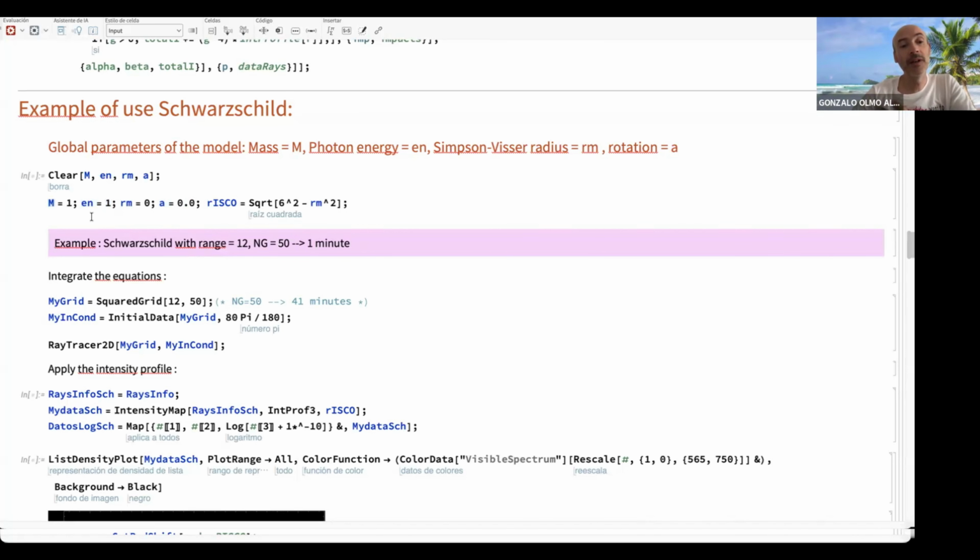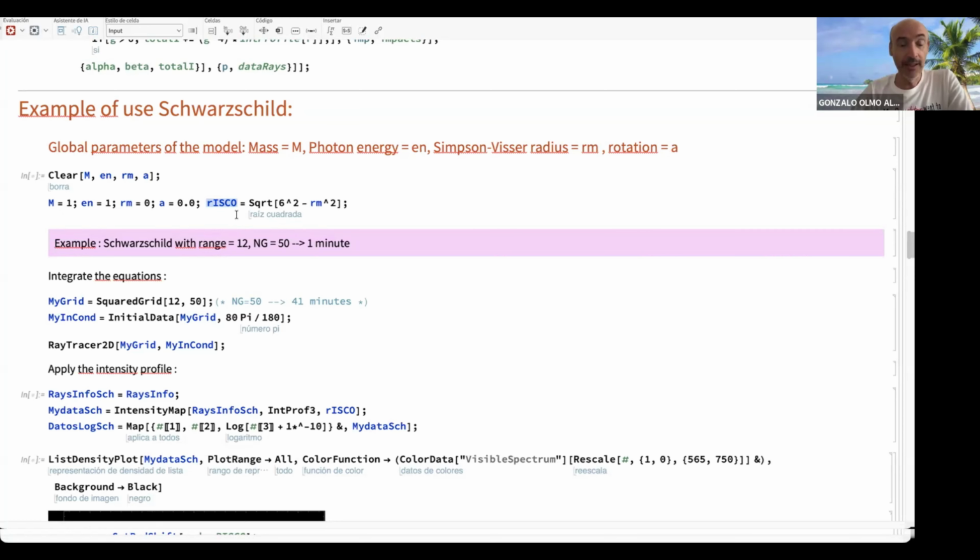And we are making these variables global. In the previous lecture, M and En energy were local, but that's a complication. When we have so many module functions, it is better to make these parameters global so that the parallel computation doesn't miss information and we minimize risks.